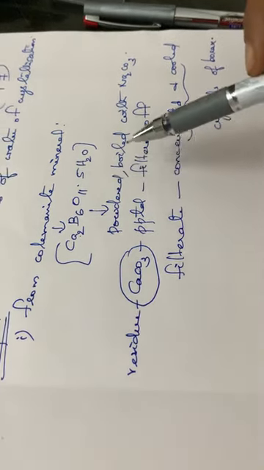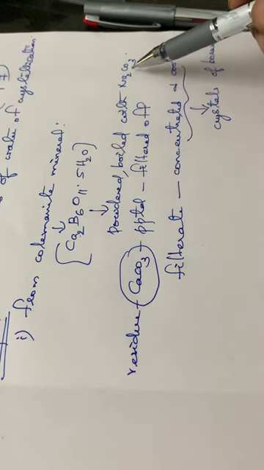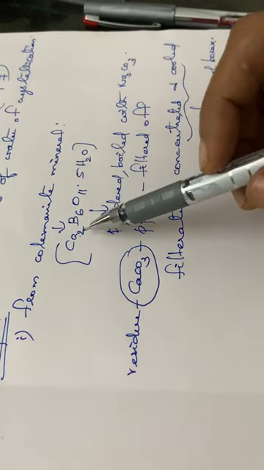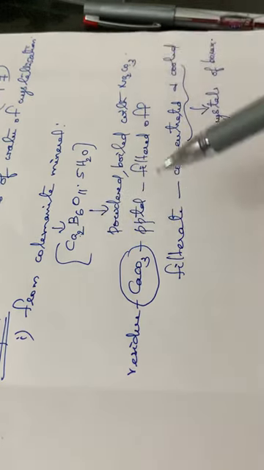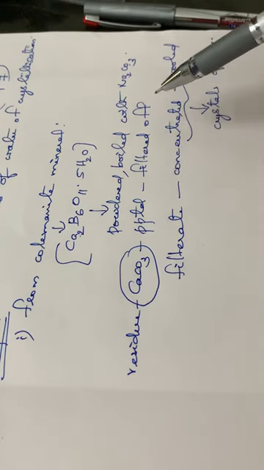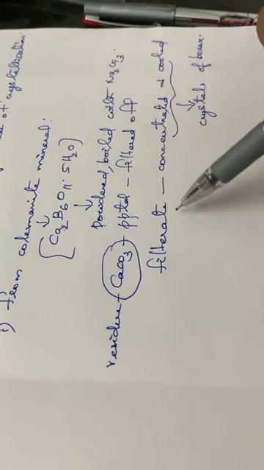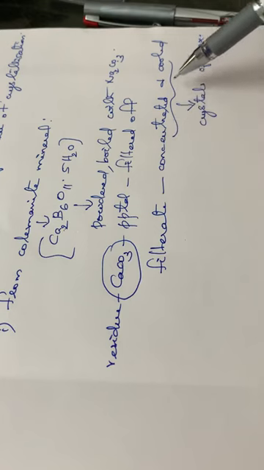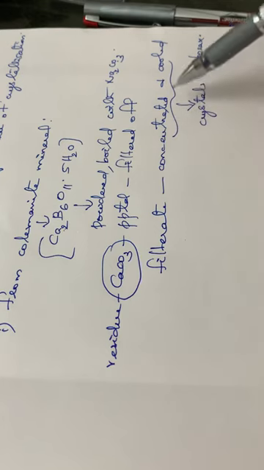So the colemanite mineral is powdered, then boiled with sodium carbonate. While boiling, the calcium carbonate is precipitated and removed by filtration. Then the solution is concentrated and cooled, and we will have crystals of borax.